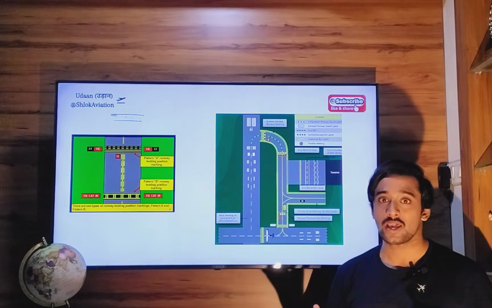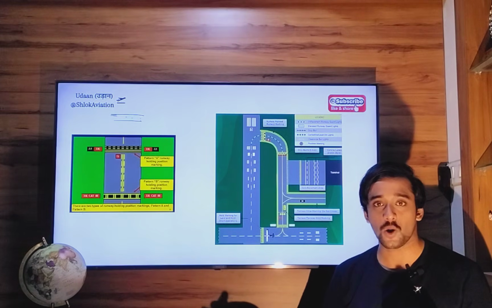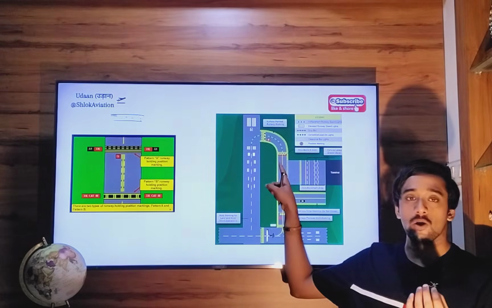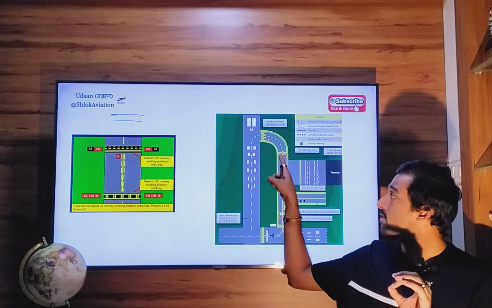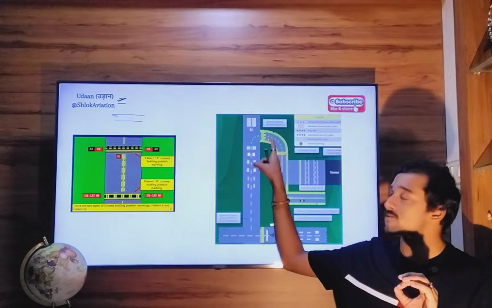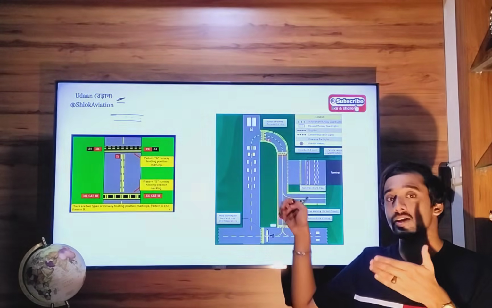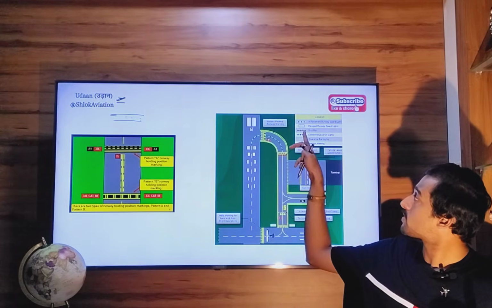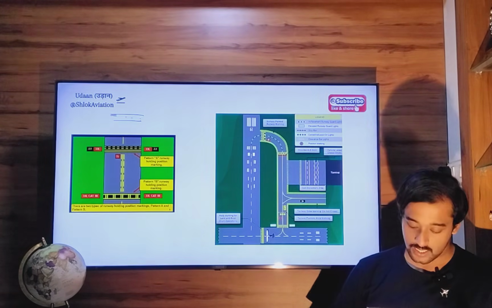That is ILS holding point. So when Cat 2 Cat 3 operations are being carried out, you will park your aircraft or stop your aircraft short of this holding point somewhere here. Not short of this, but here. Much farther away from the active runway.